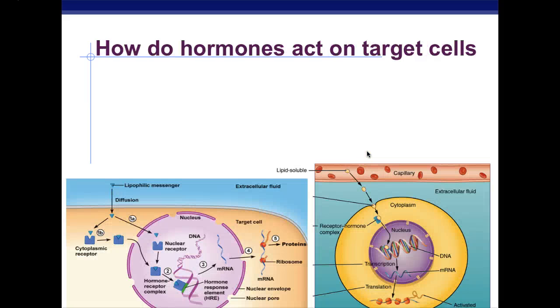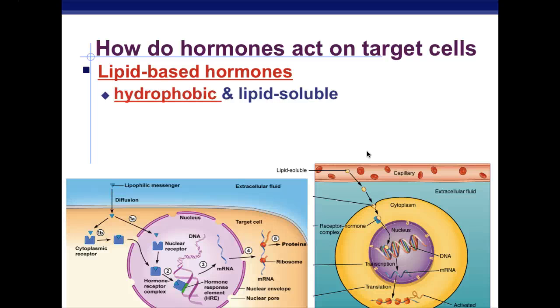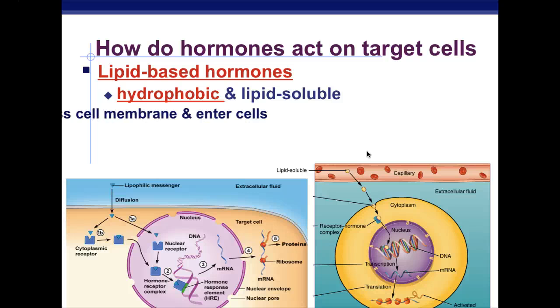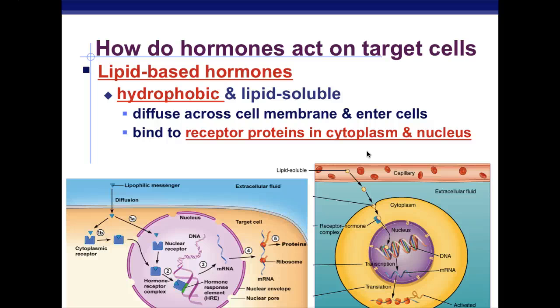In contrast, how do lipid hormones act on target cells? So lipid-based hormones, what's different about them is because they're lipid-based, they can go directly through the cell membrane. They don't have to be received on the surface because lipid-based hormones are hydrophobic. So they're lipid soluble and they can diffuse straight across the cell membrane and enter the cell directly.